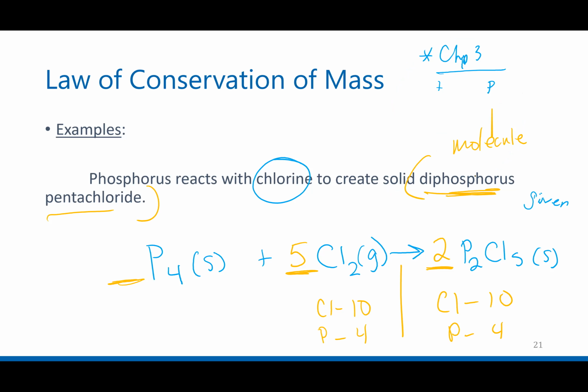That's not how we named molecules in chapter 3. So this is, again, review from chapter 3. Diphosphorus pentachloride is 1 molecule. It's not 2 compounds split together. It's one thing, P2Cl5. I would have to tell you, by the way, that this was solid. You wouldn't have to know that. We don't have any information in our data book.